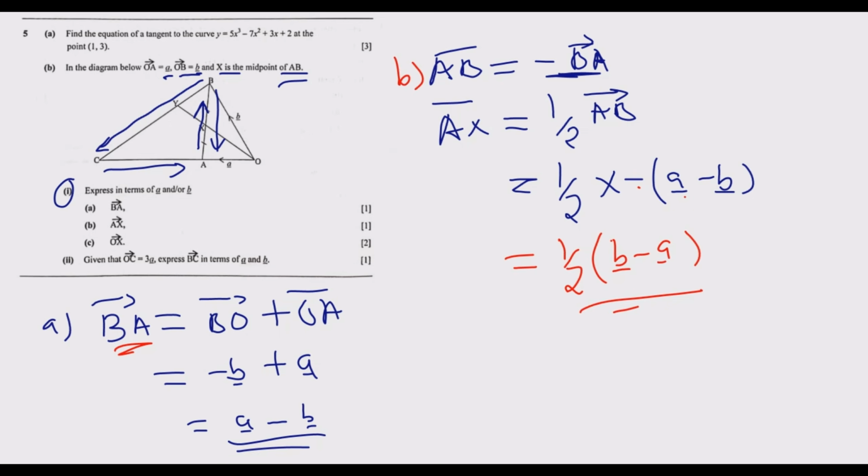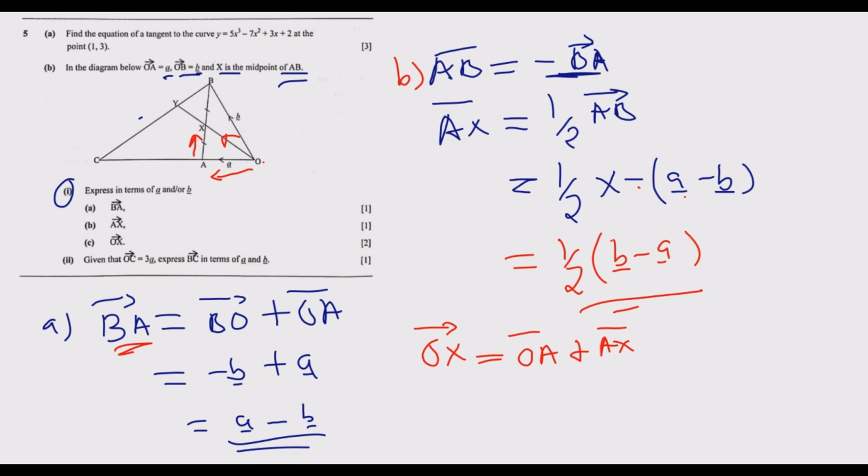So let us look at C, OX. OX is in this direction, from O to X. We can move from O to A, then add AX.